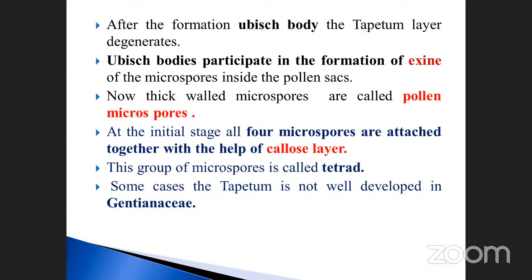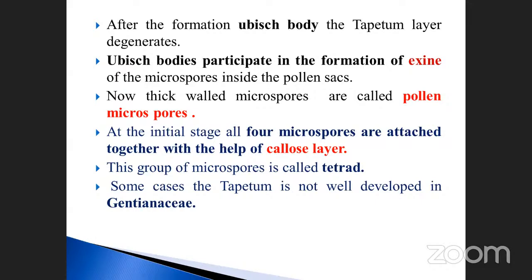If it is absent, how will the pollen grains be nourished and matured? That is also lacking. So you must note it down, and sometimes they may ask the question: in which of the following families is the tapetum not well developed? You have to tell Gnetaceae. Pronounce it correctly. That is very, very important.